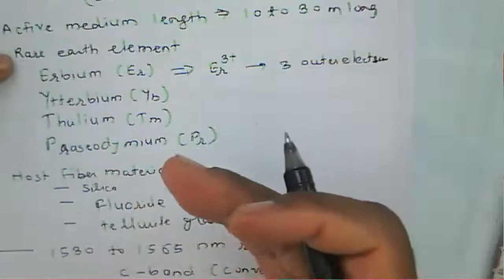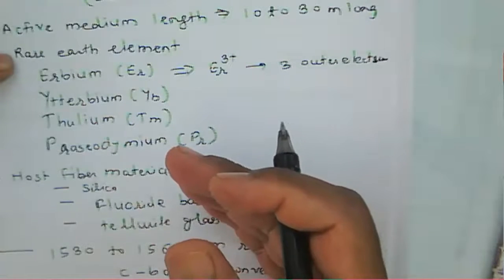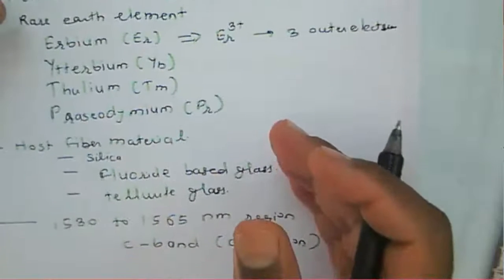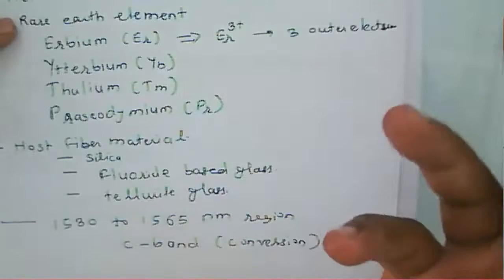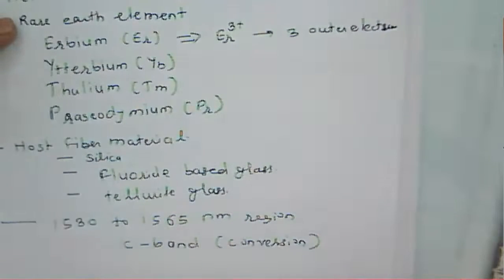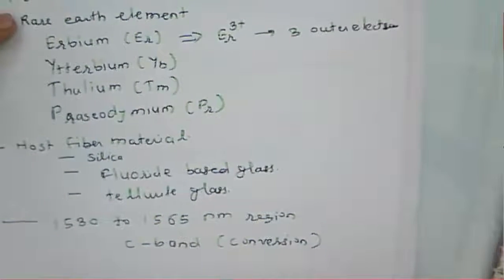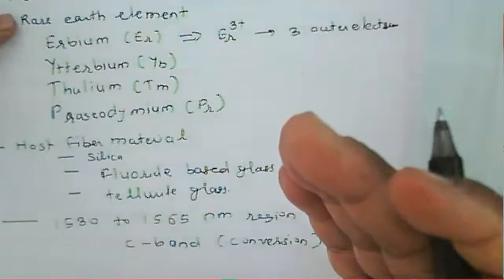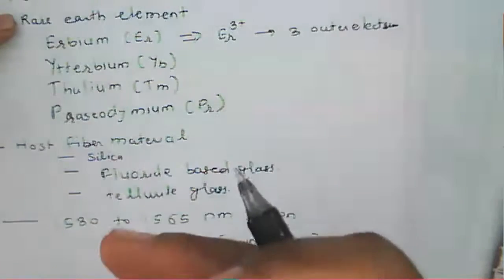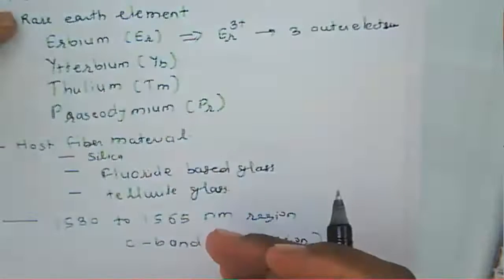Now these three outer electrons describe how amplification takes place, meaning that an electron will move from the ground state to the higher energy state.